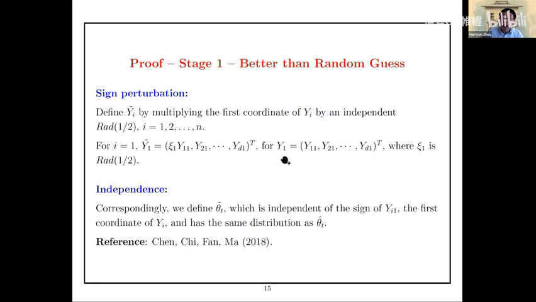Y tilde and Y have the same distribution. If you run EM using the perturbed data, then the output theta tilde would have the same distribution as the output of the original data. That means to analyze theta hat, you could just analyze theta tilde.